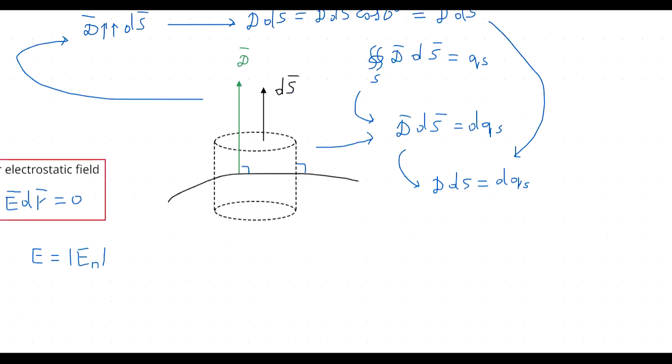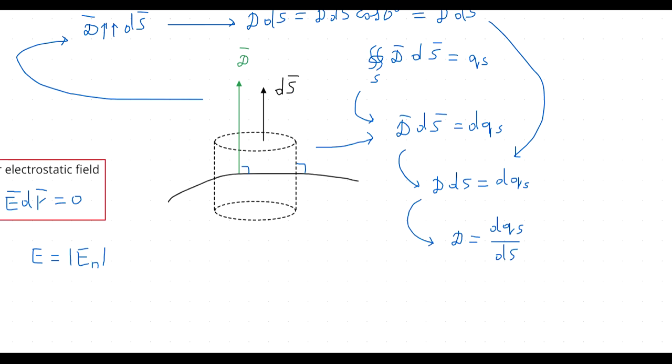It means that we have D, the absolute value of the electric displacement vector, or electric induction vector, equal to dQ divided by dS.